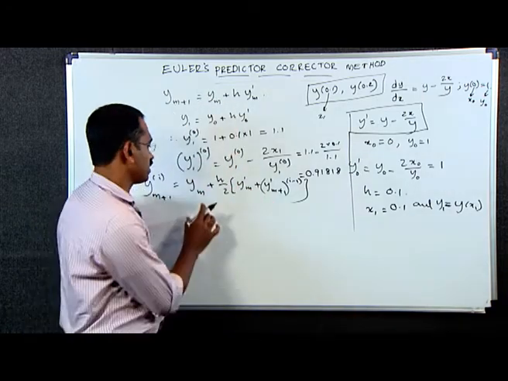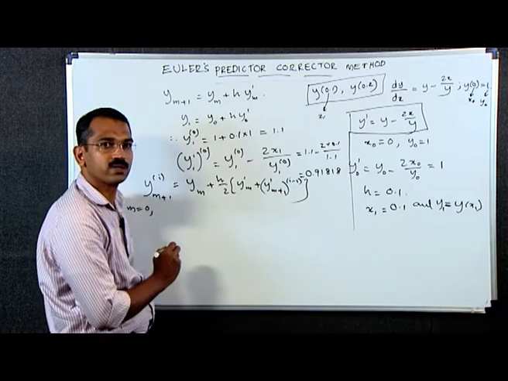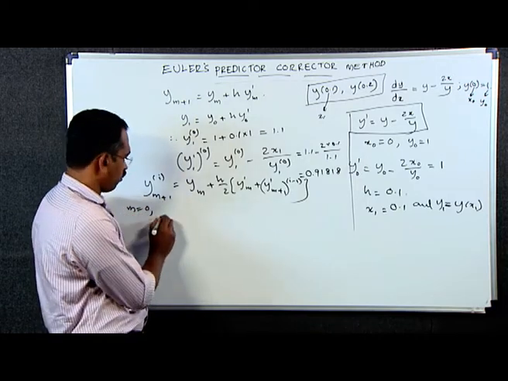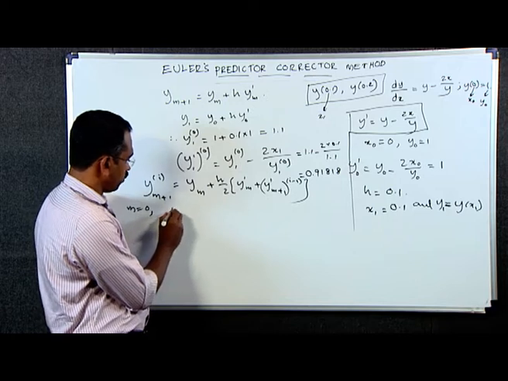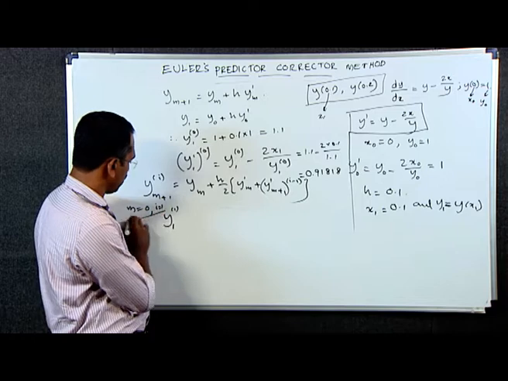In this, we substitute m equal to 0, we get y1. We substitute m equal to 0 and i equal to 1.